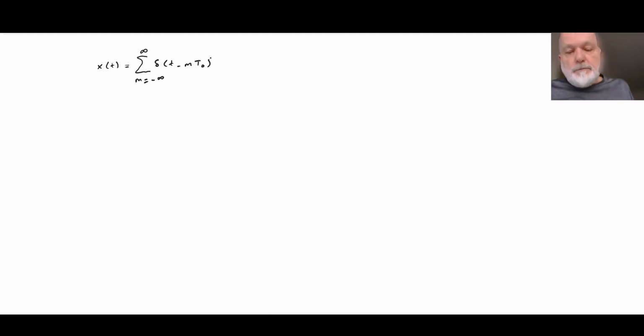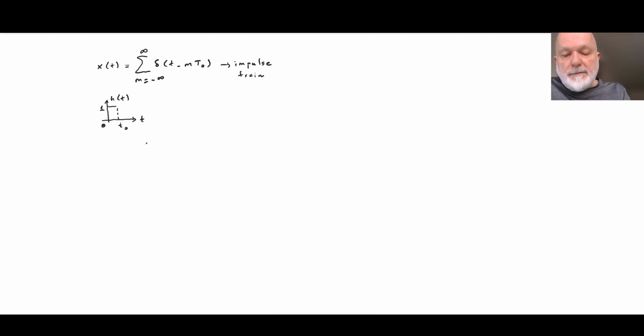So we have the impulse train as the input of our system, and the impulse response h of t is the pulse, which is equal to 1 from 0 to t0, and it is 0 elsewhere.